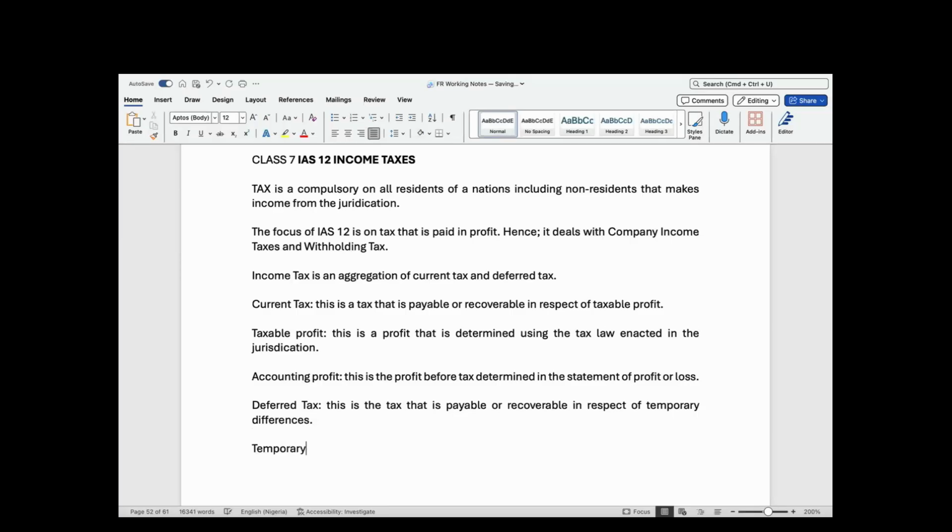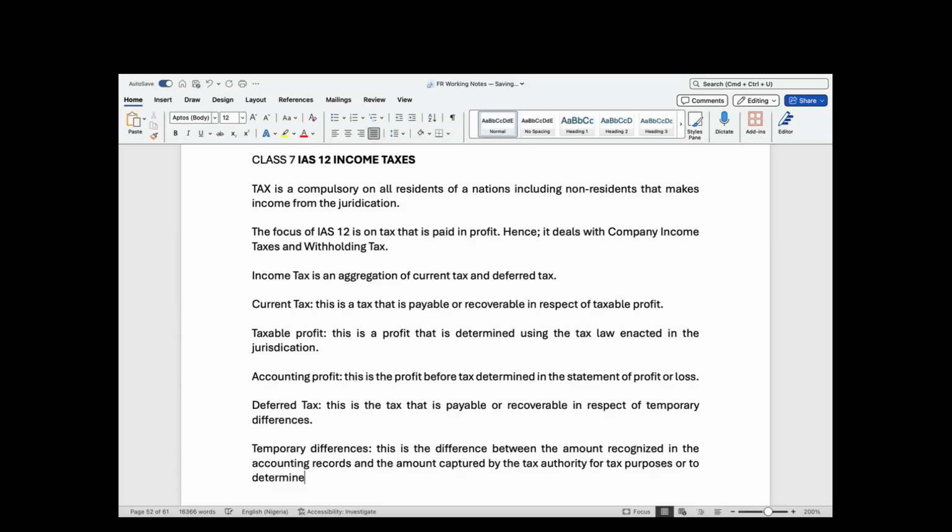The technical thing here is temporary differences. This is the difference between the amounts recognized in the accounting records and the amount captured by the tax authority for tax purposes, or to determine the taxable profit.